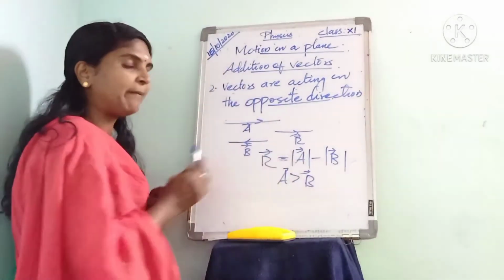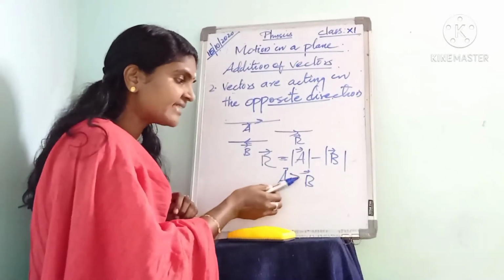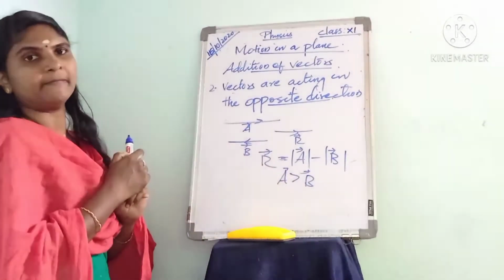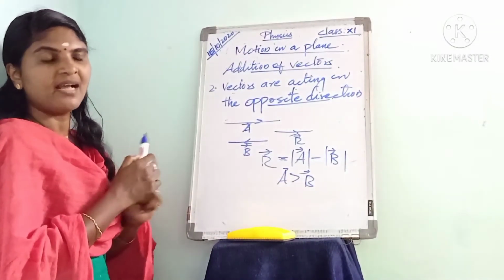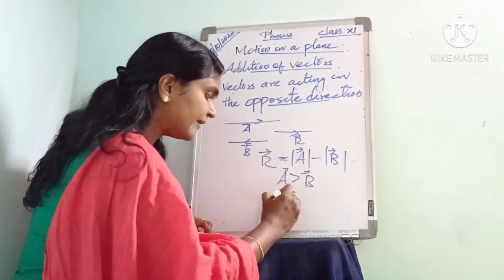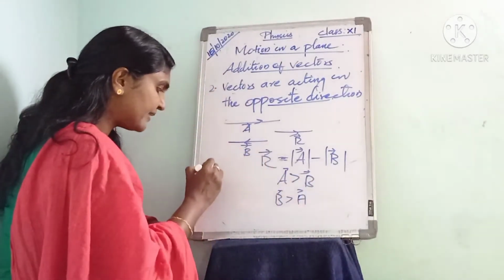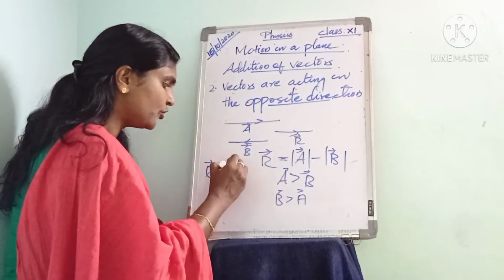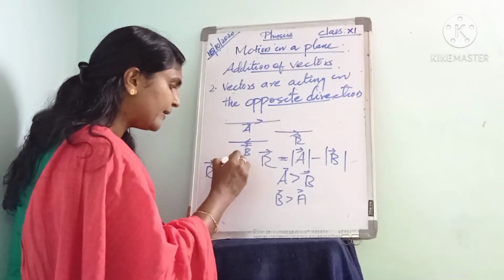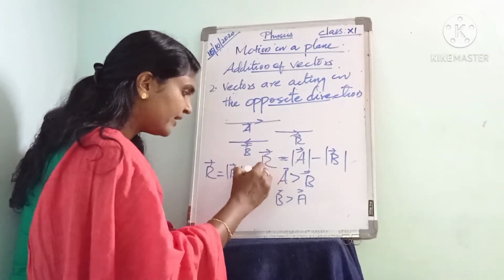This equation can be applied only if vector A is greater than vector B. Listen to it. And suppose vector B is greater than vector A. Then how can we represent the resultant vector? R is equal to the magnitude of B minus the magnitude of A.